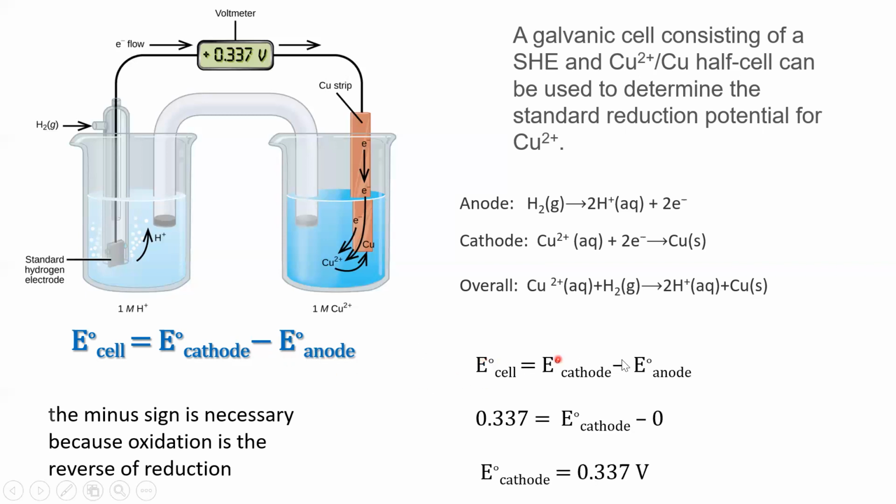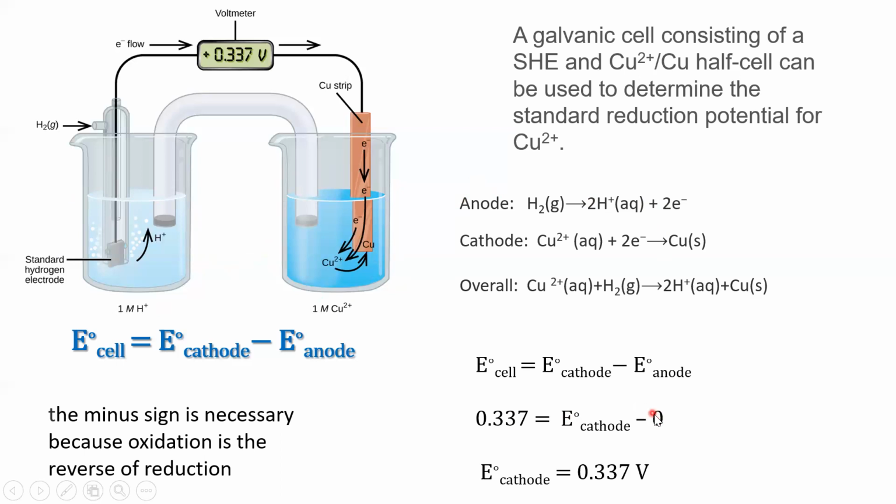So looking at this equation, here's the measured voltage across this cell, 0.337. We don't know what the standard reduction potential would be here. So this is X. But by definition, the value here for the anode compartment is 0.